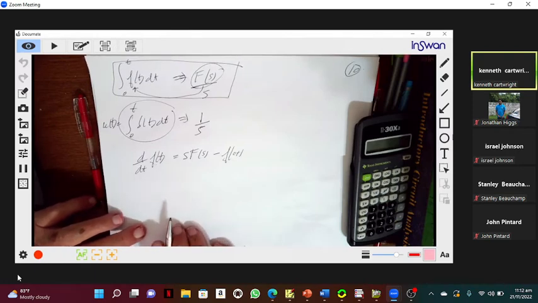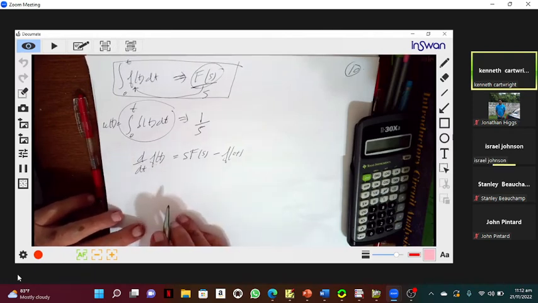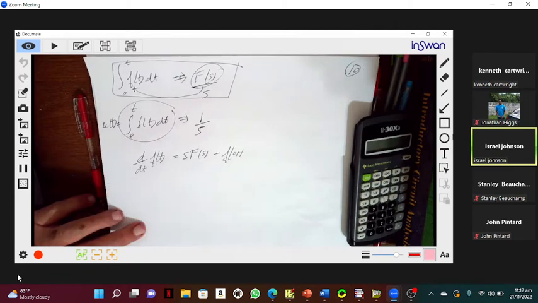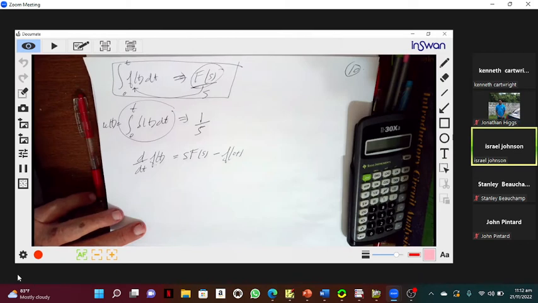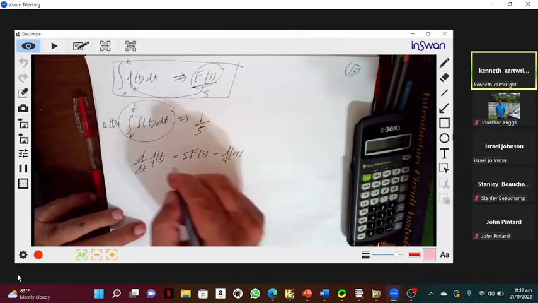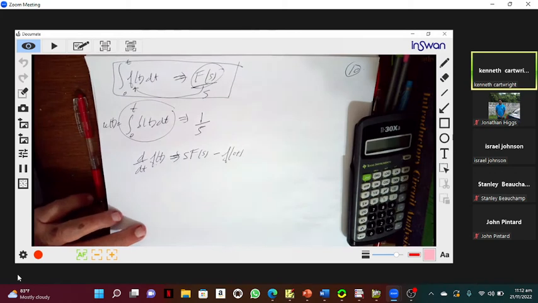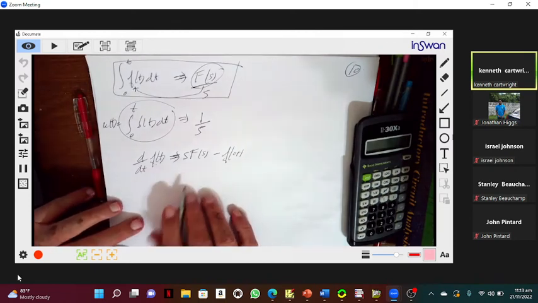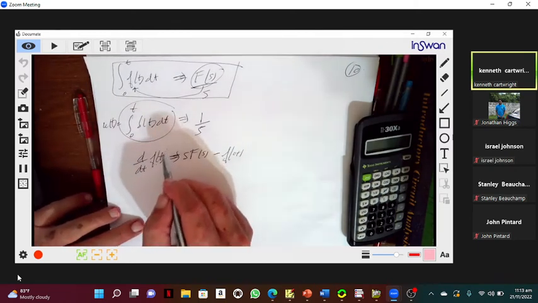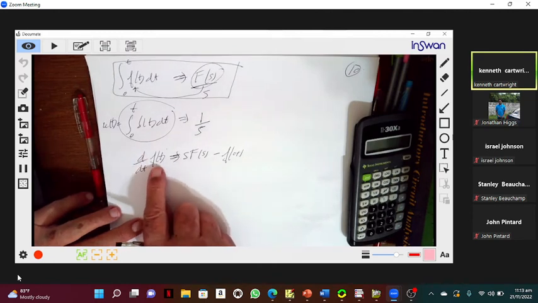If you have a function f of t, the Laplace of f of t is F of s.